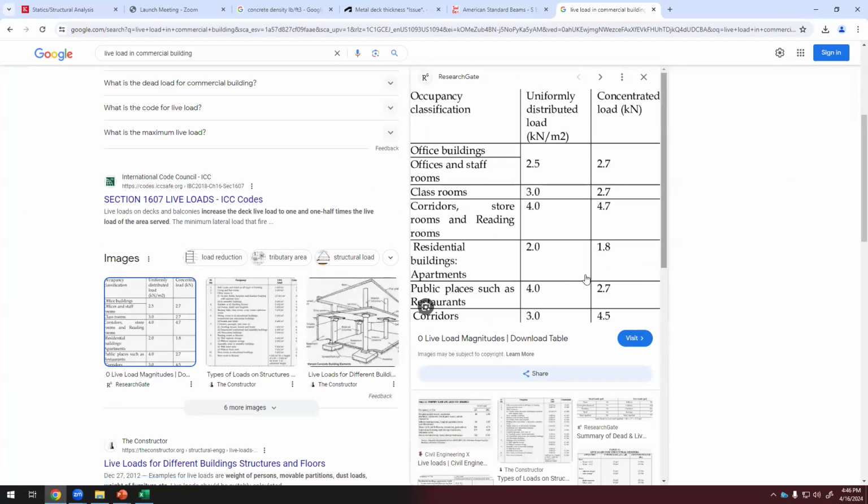Okay. So look at this. Here we have office buildings, classrooms. Okay, so the classroom, it's a uniformly distributed load of 3 kilonewtons per square meter. I understand perfectly what this is, but what is this number in pounds per square foot?